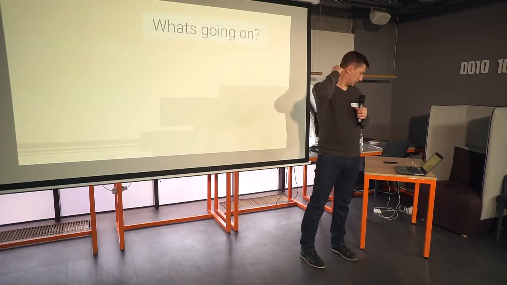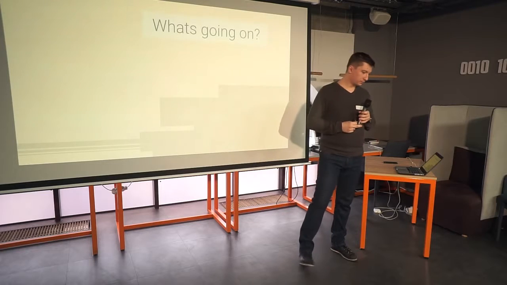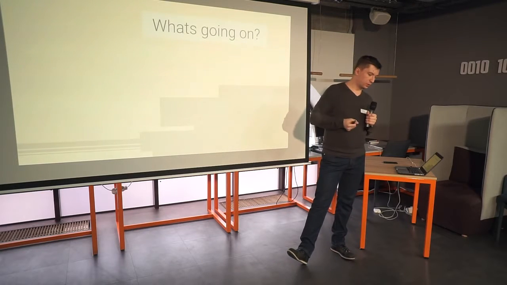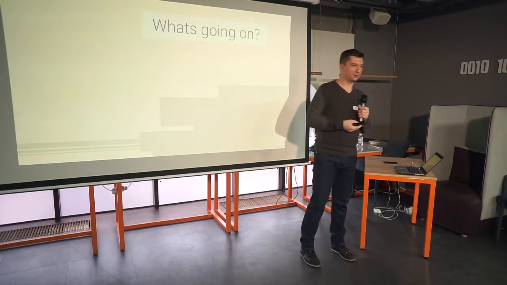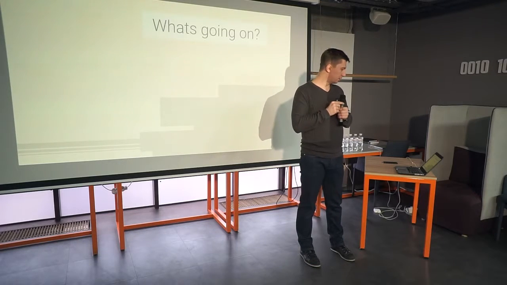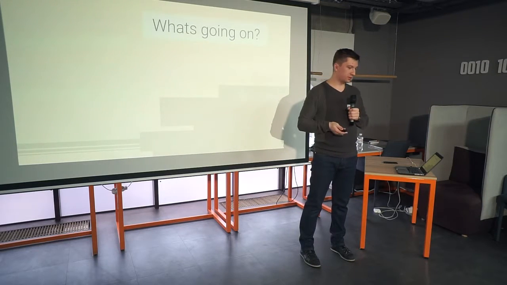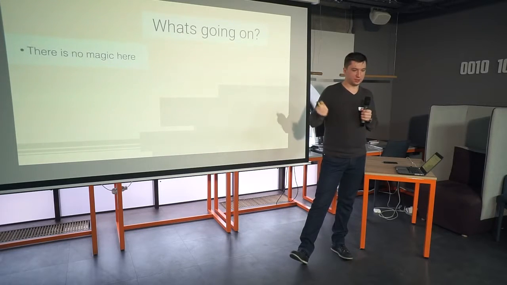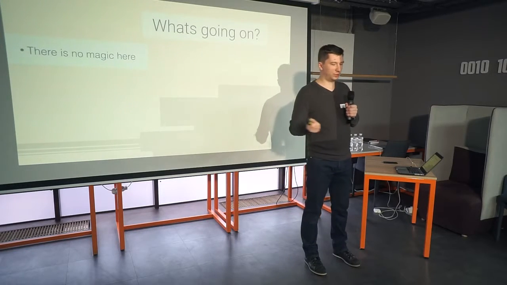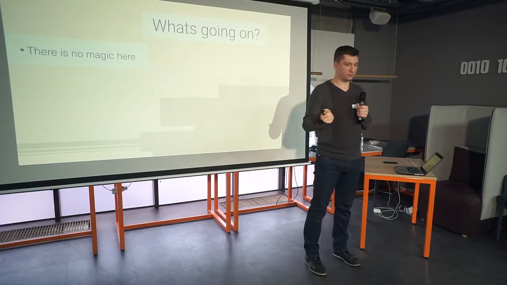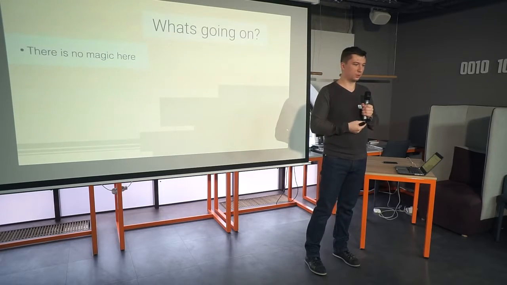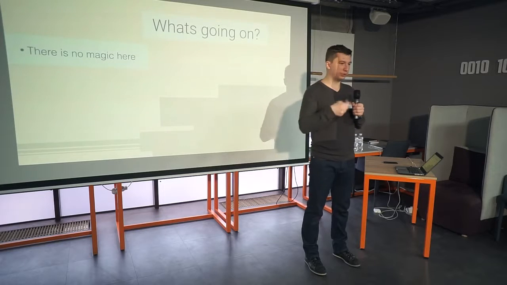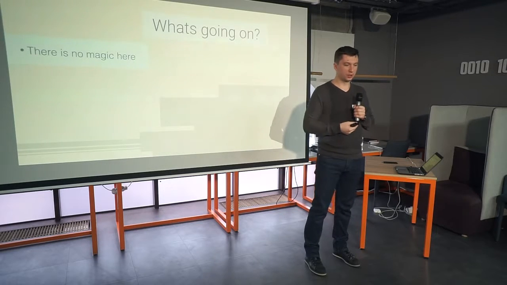So what I'm trying to explain in my super simple English is that Elixir is not magic. It's just a language with a different way to build applications, to build architecture.